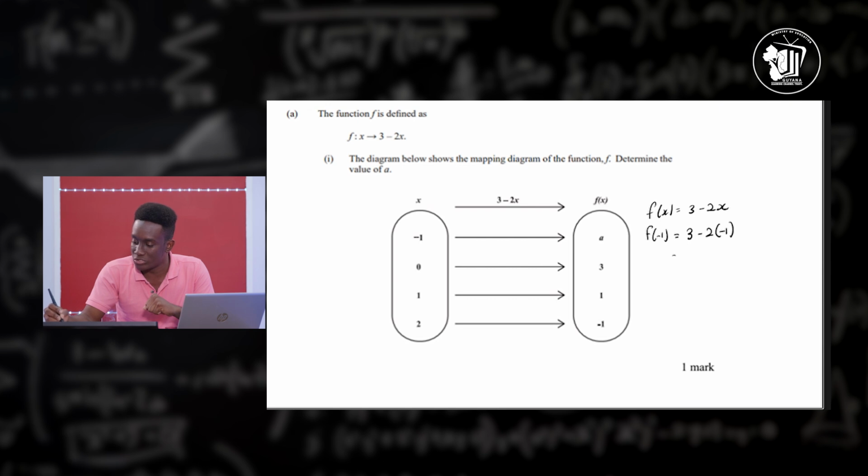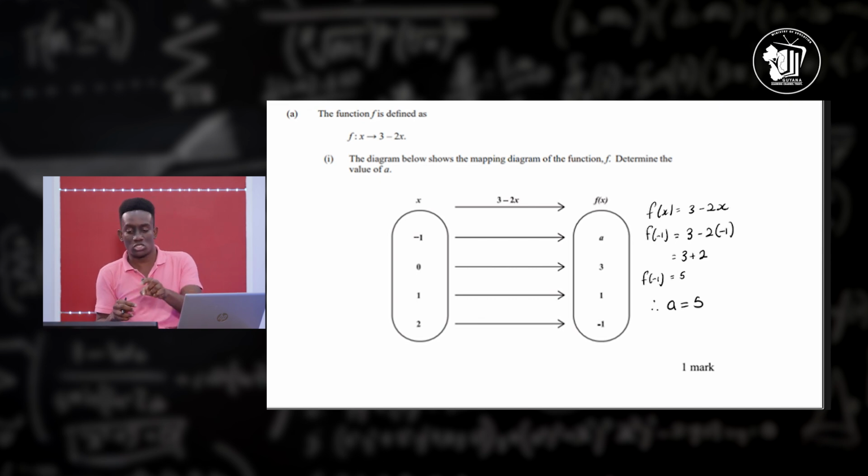So this is equal to 3, and -2 multiplied by -1 will give me a +2. So this would be 3 plus 2 would be 5. So f of -1 is equal to 5. So therefore, we can say a is equal to 5. All we needed to do was substitute this -1, which maps on to a. And that is the value for a.